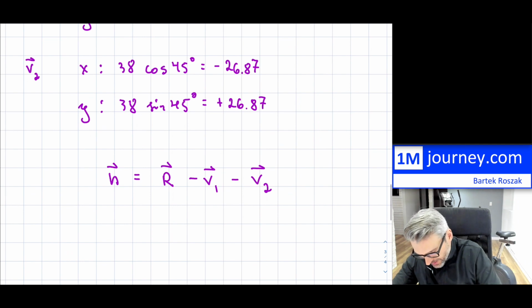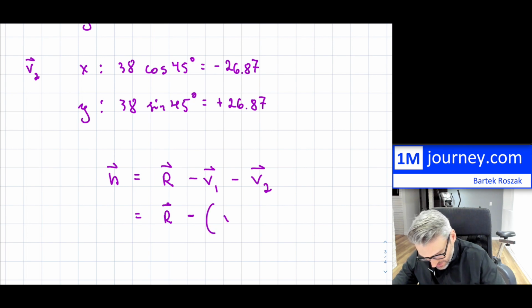Now in terms of finding my resultant vector, I'm going to use my properties. Within here, if this is negative, it's the same thing as this, so V1 plus V2, right?